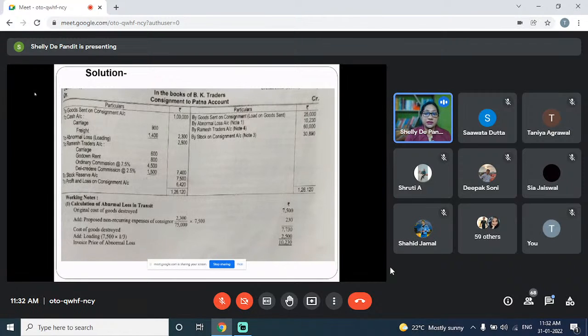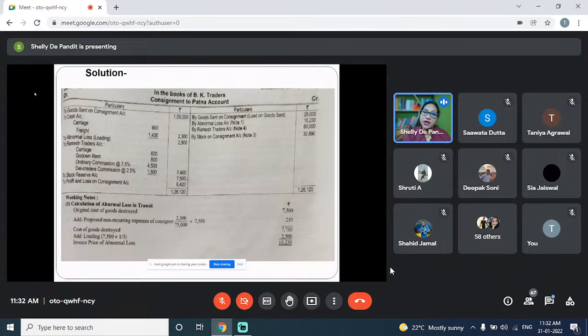Otherwise, you have another option, what I told earlier, that 33 and 1/3, you can take it just 1/3. So 75,000 is the cost. You just add 1/3 profit on that 75,000, it will become 25,000, and your goods sent on consignment, of course IP, will become 1 lakh.